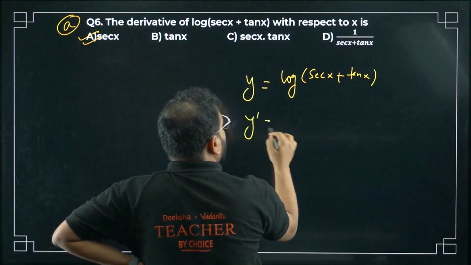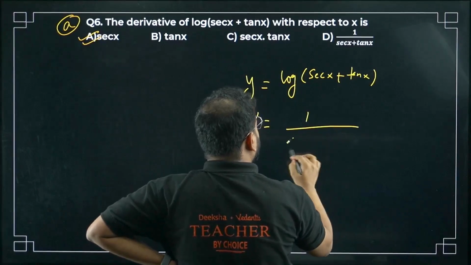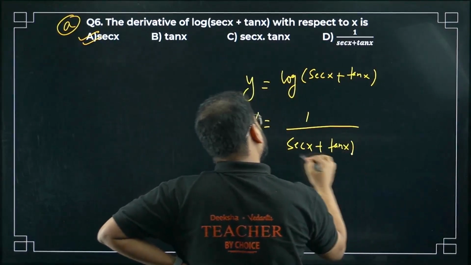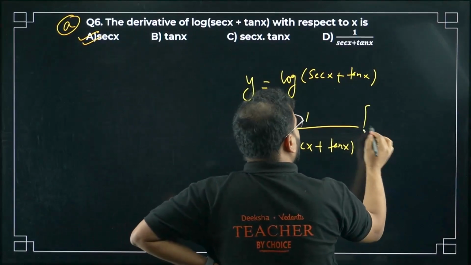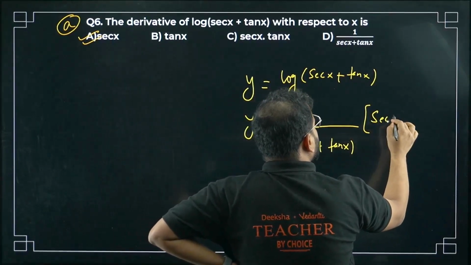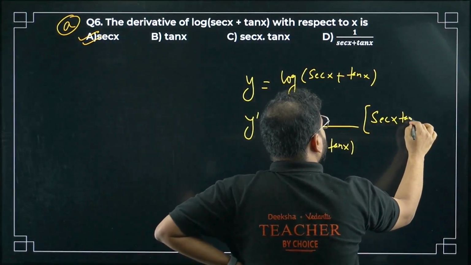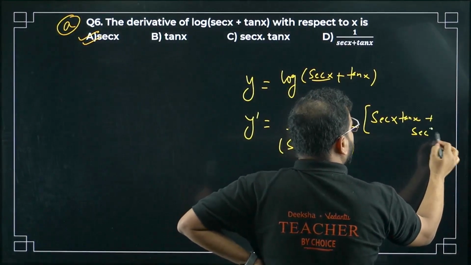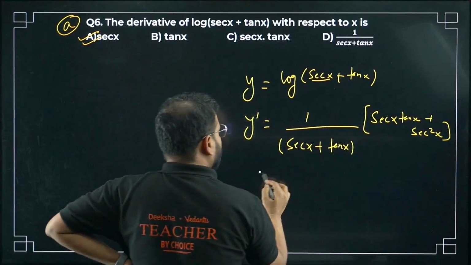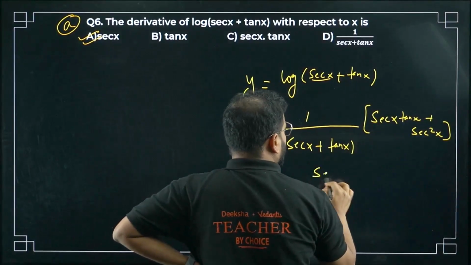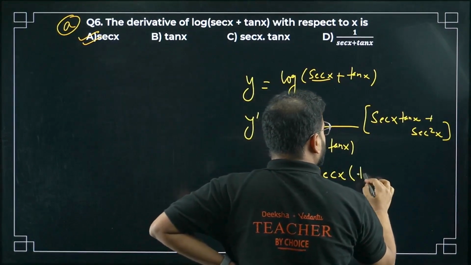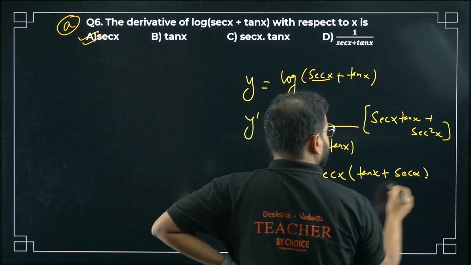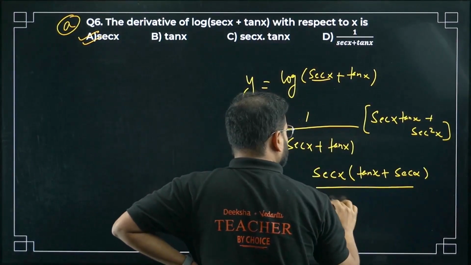y dash will become 1 upon sec x plus tan x, right? Next we will have sec x tan x, the differentiation of this part, and for tan x we will get sec square x. I can take sec x common in the numerator. I'll have sec x times tan x plus sec x, so 1 sec will be left, divided by this whole thing.